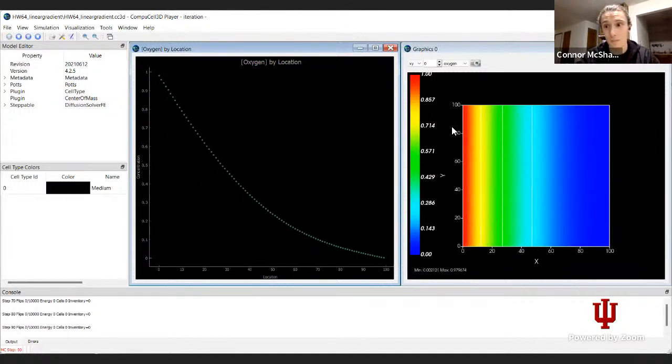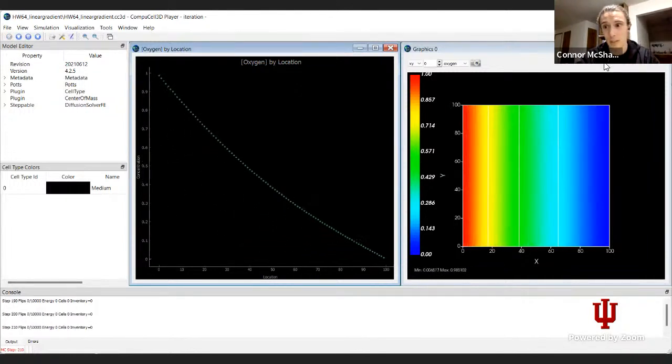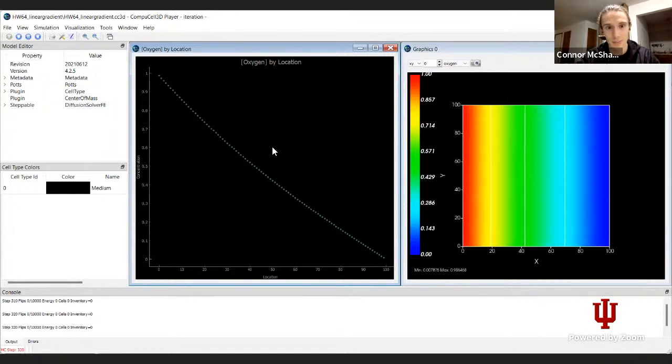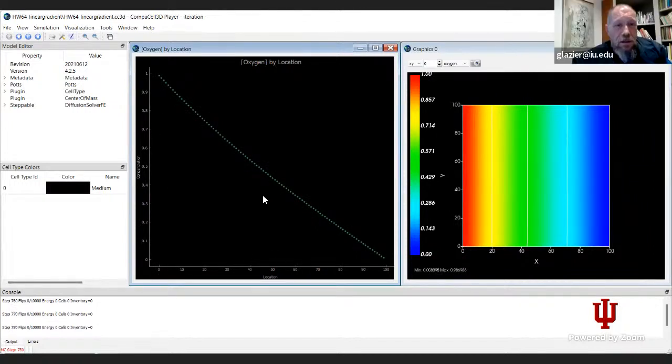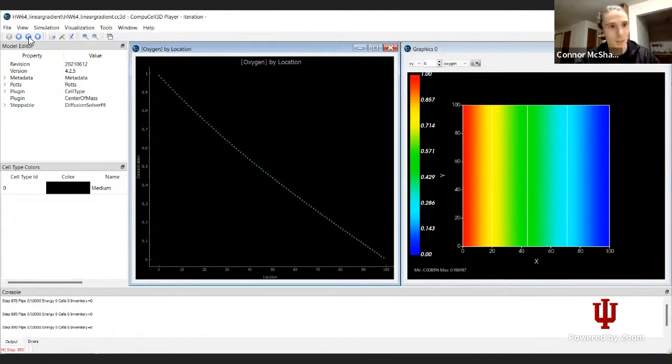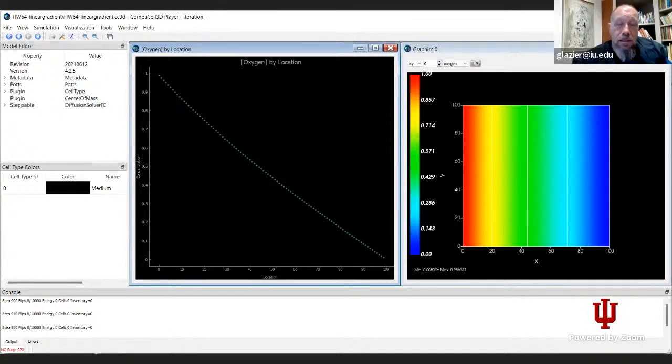Yeah. So here it's running across, and I can run it again, but we basically see that linear relationship forming, which is strange, given that we have decay. You can do this one by hand.